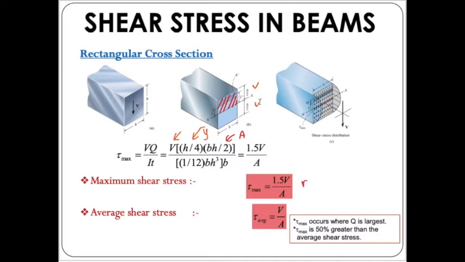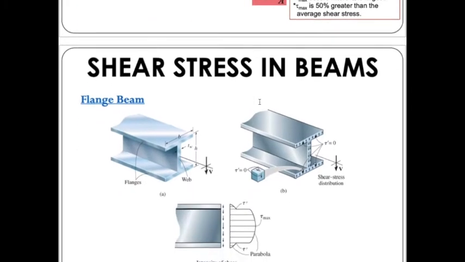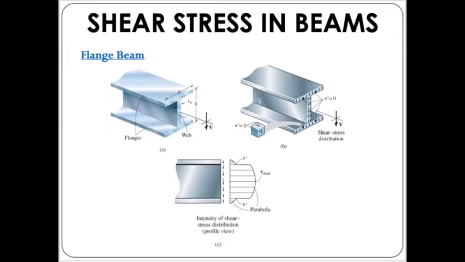an I section, as given in the next figure. So this is the I section, where you can see that the shear stress distribution is slightly different. You can see here that the tau maximum will happen right in the middle if the section is a symmetrical section on its top and bottom, and we are going to have different tau values for the flange section on its top and also its bottom.